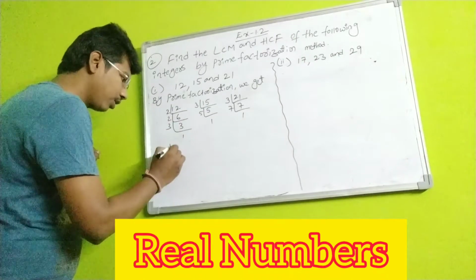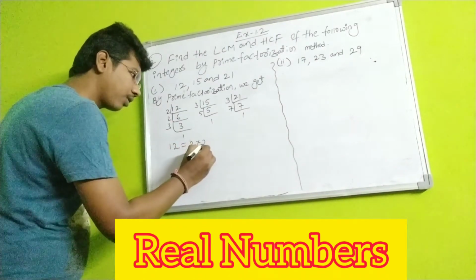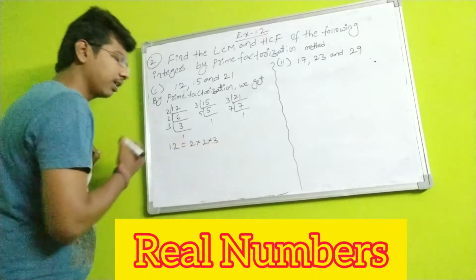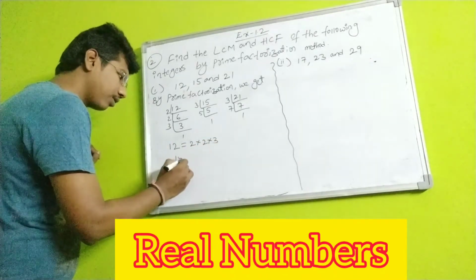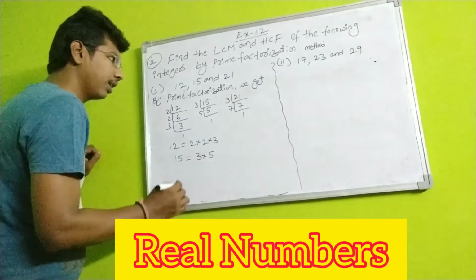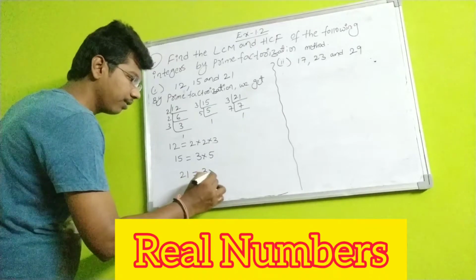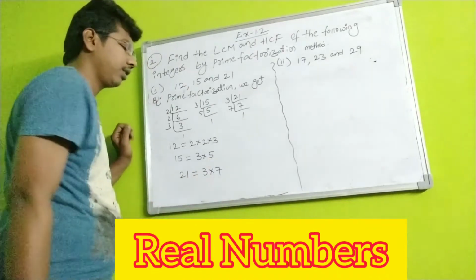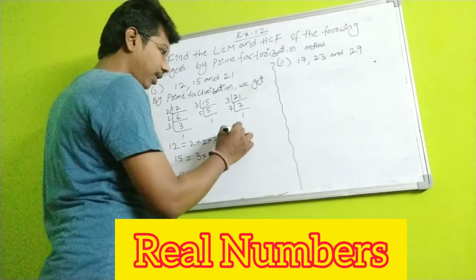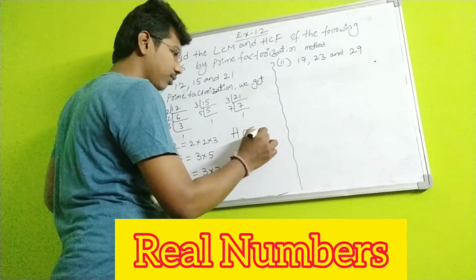Next, write 12 is equal to 2 into 2 into 3. Next, 15 is equal to 3 into 5. Next, 21 is equal to 3 into 7, students. Now first we have to find the HCF. HCF is nothing but the highest common factor, students.